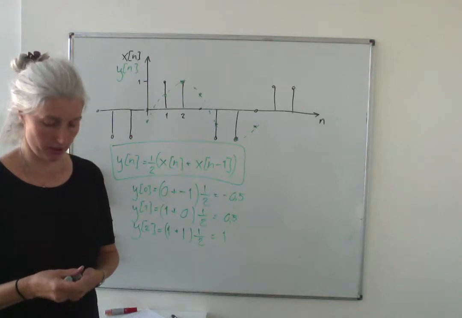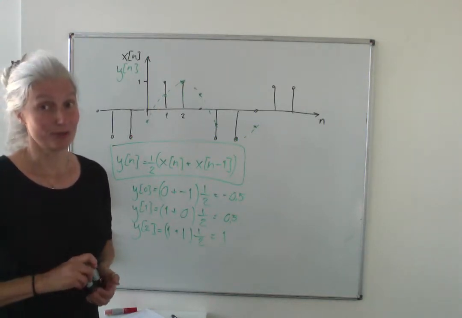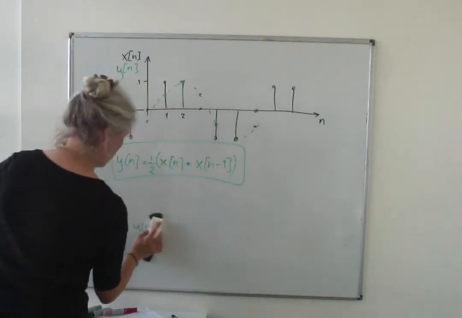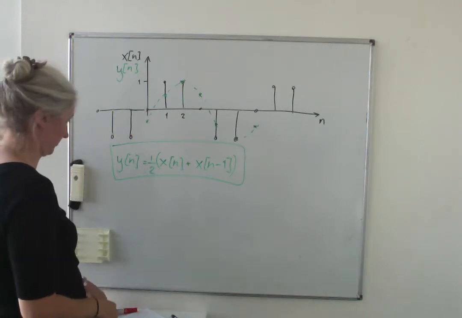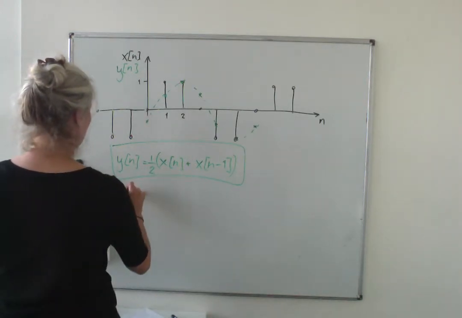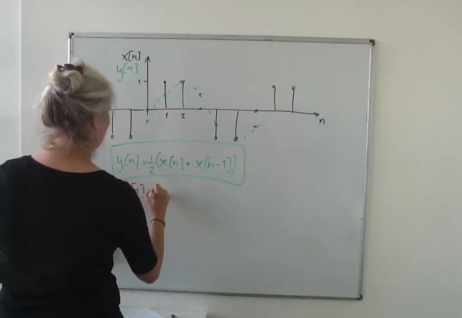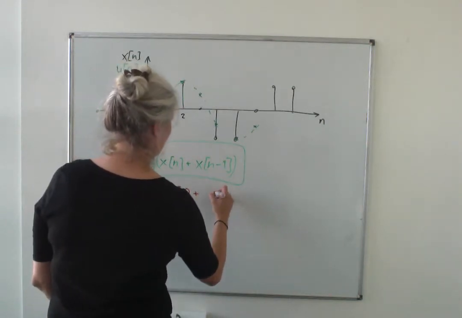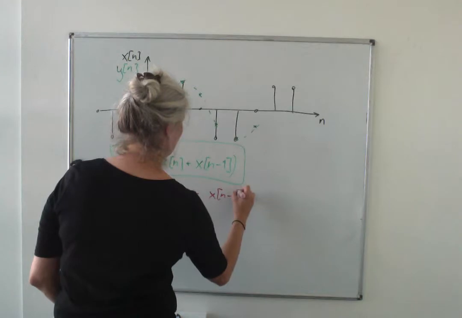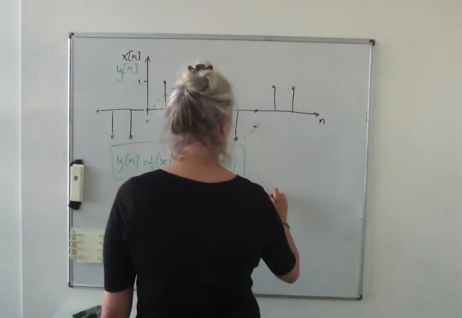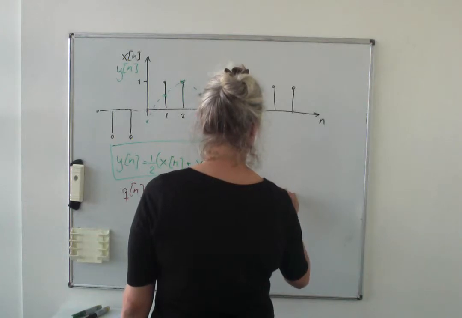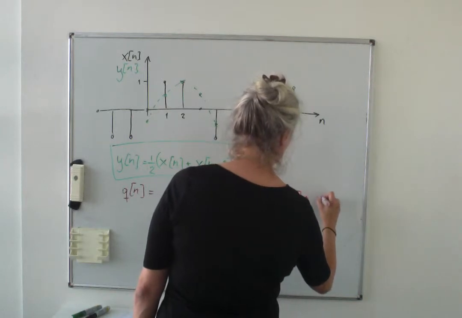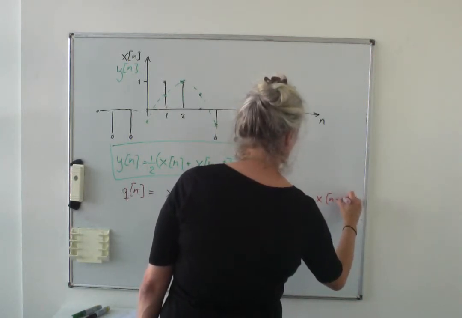It's going to be even more clear if we do this with more points. So we can extend this to another one where we take the current value of the signal plus the previous one, and the previous before that, plus the previous before that.